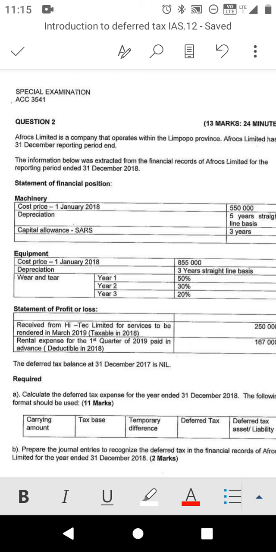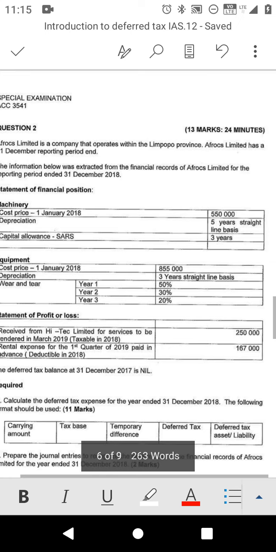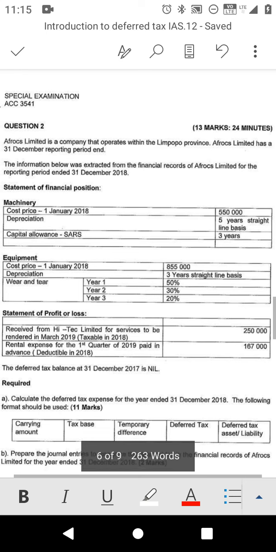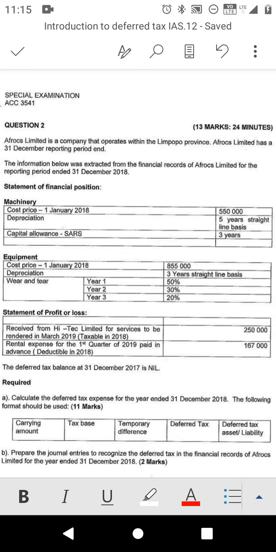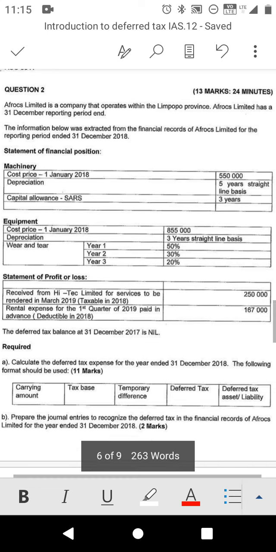So they said when SARS calculates wear and tear, they use 3 years, but in terms of accounting on depreciation, they are using 5 years, which means that they will be different in this case. The depreciation will not be the same because the useful life that they are using is different. Okay, let's start with the machine.